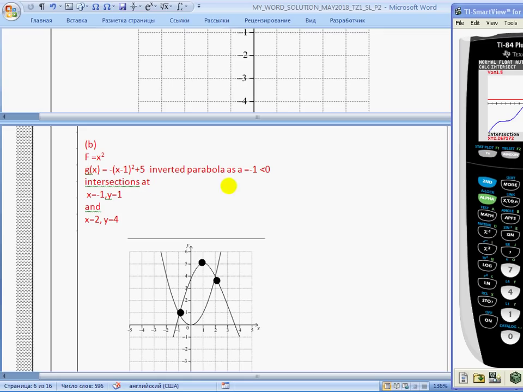First of all it is an inverted parabola because the coefficient in front of x squared is -1. We know 3 points. We know the vertex and we know the intersection at 1. We can calculate y. We know the intersection at 2. We can find the value of 4. So we have 3 points and we sketch the parabola through these points.